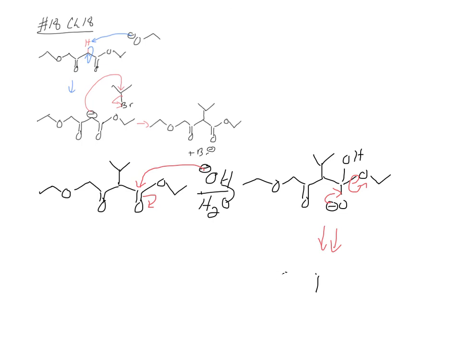I said believe me, so I might as well just do it. So I can turn both esters into carboxylic acids. That's what will happen. And now I have 2 ethoxide, OH minus is floating around, right?